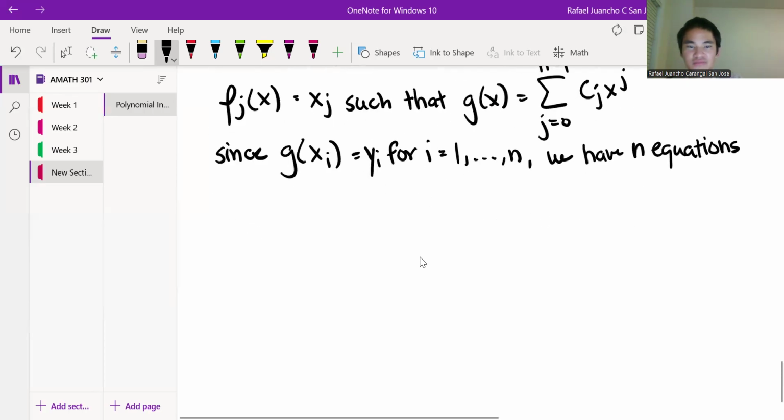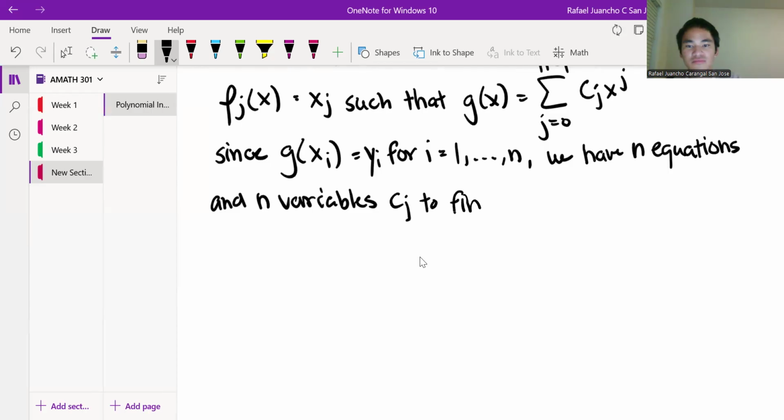And that makes sense, right? Because we have n unknown variables, so we need n equations. And so we have polynomials, right? All the way to some n. Okay, let me just write out the system.